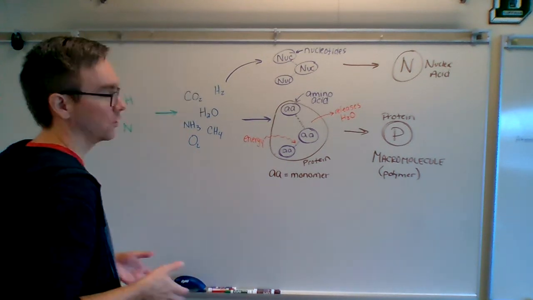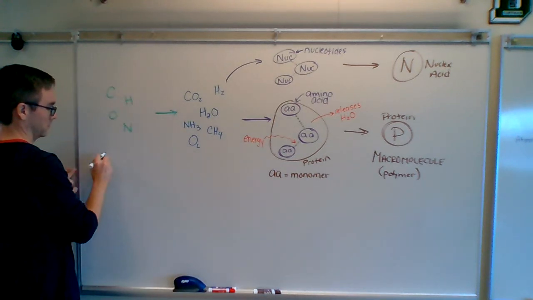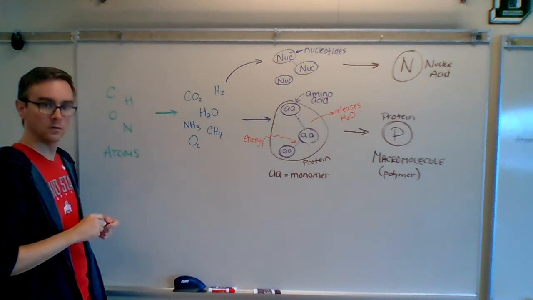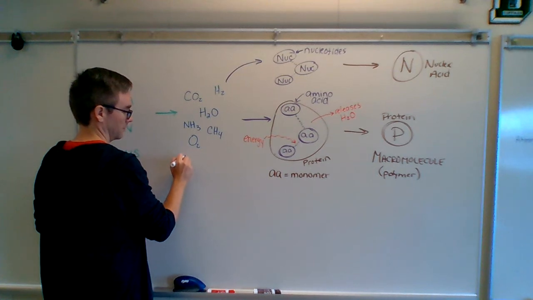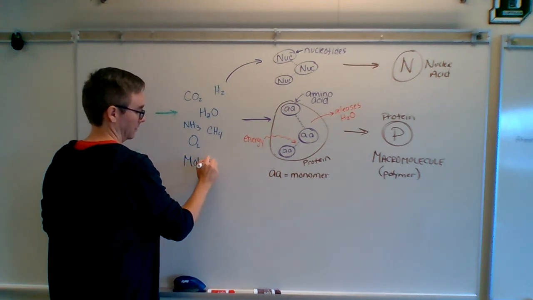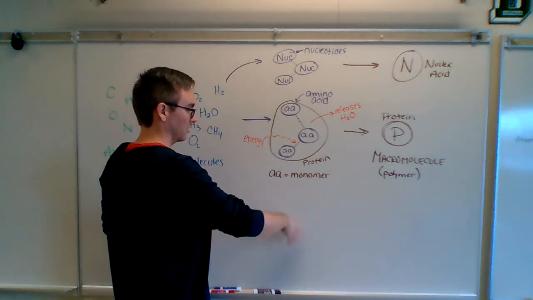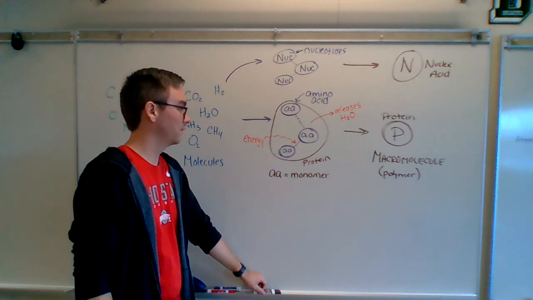This video is going a little long, I understand. As we went from atoms, very simple, to building molecules, to building monomers. In this case, the example I did, the monomer is called the amino acid.